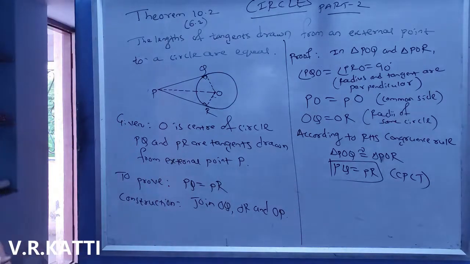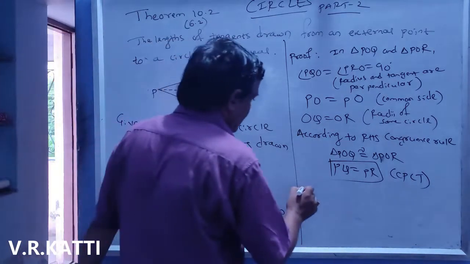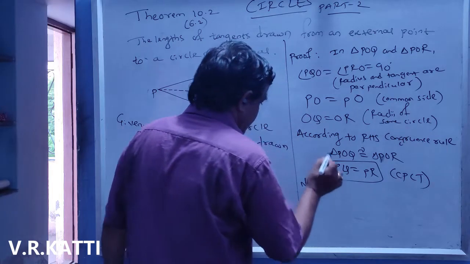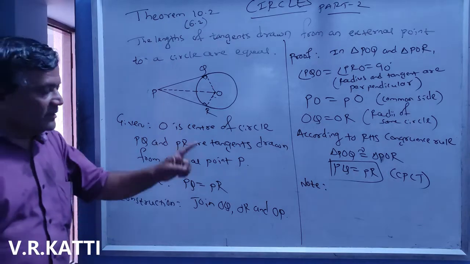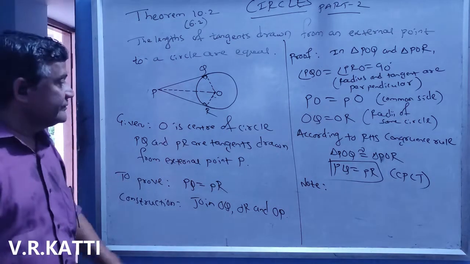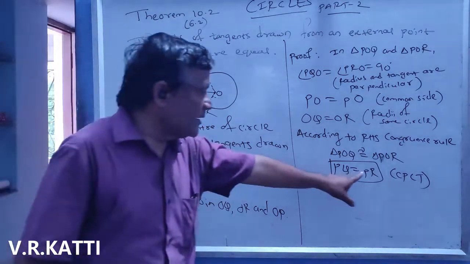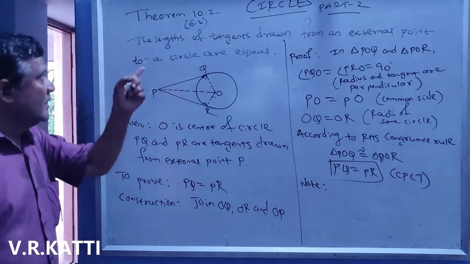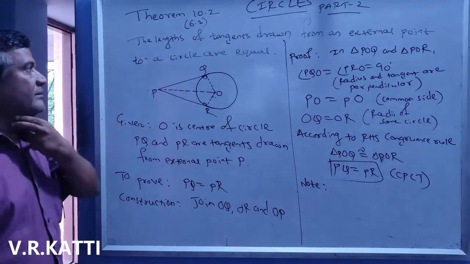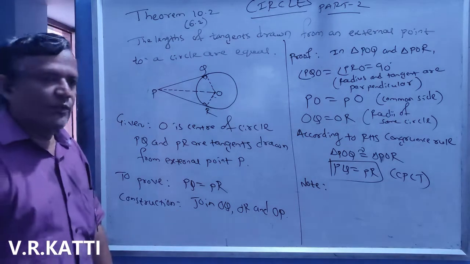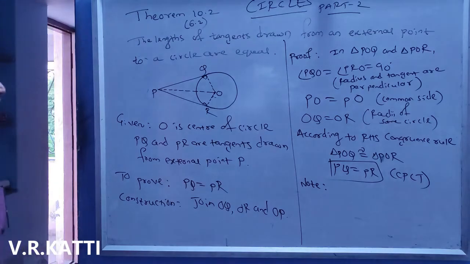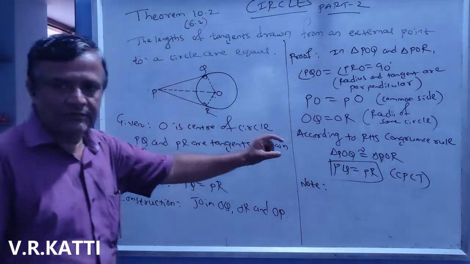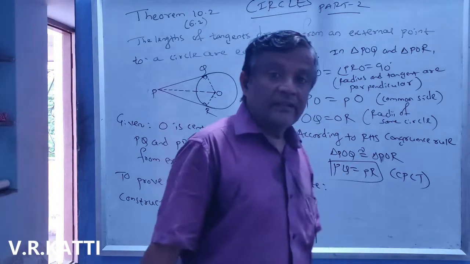Next, students, write a note. Apply CPCT. So here we have written PQ equals PR. The theorem says: prove that the lengths of tangents drawn from an external point to a circle are equal. So you have to write up to this much only, up to PQ equals PR.